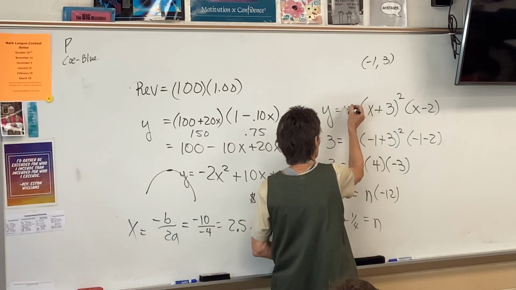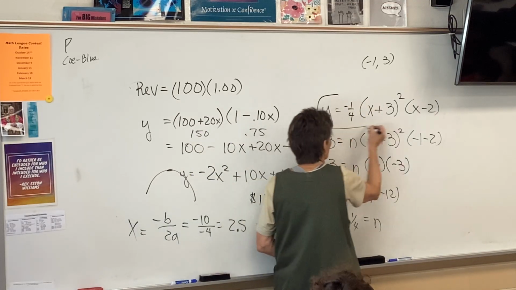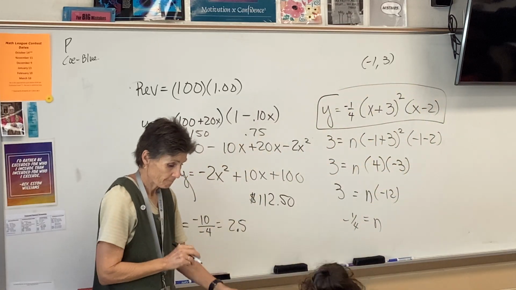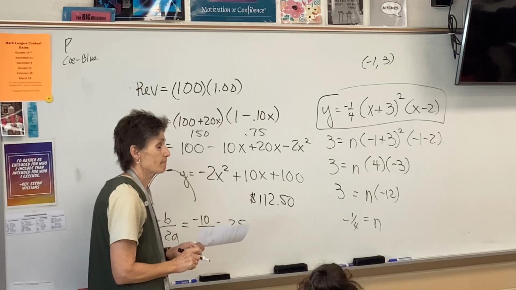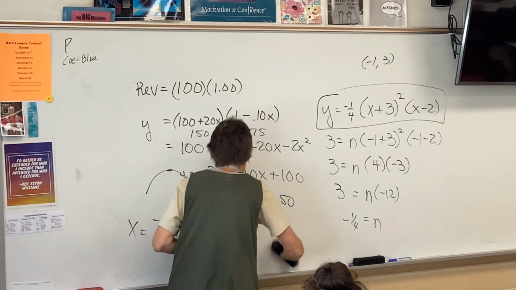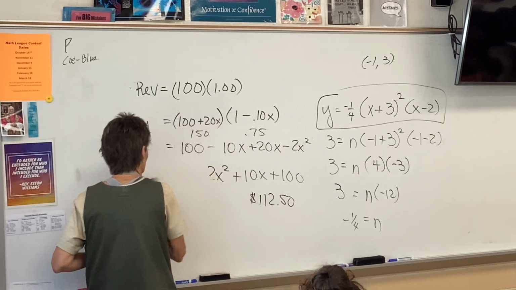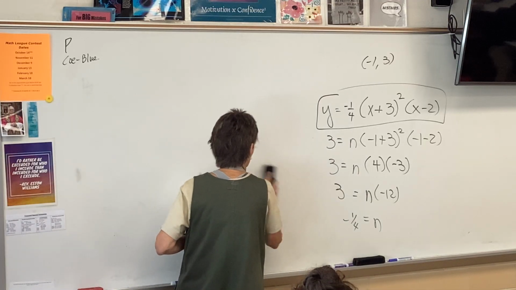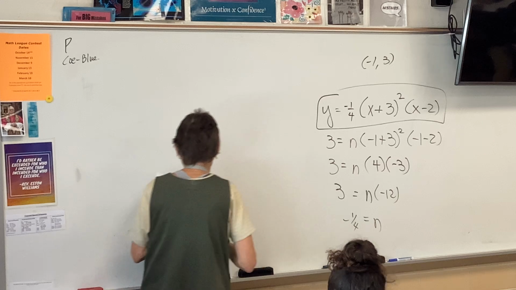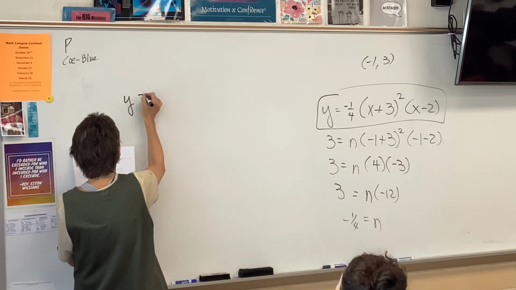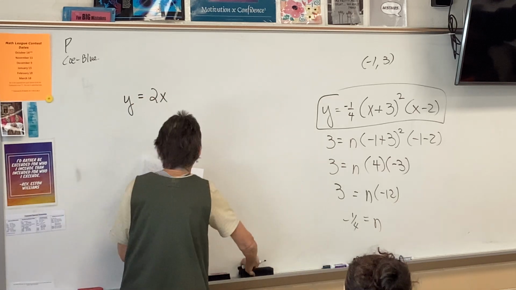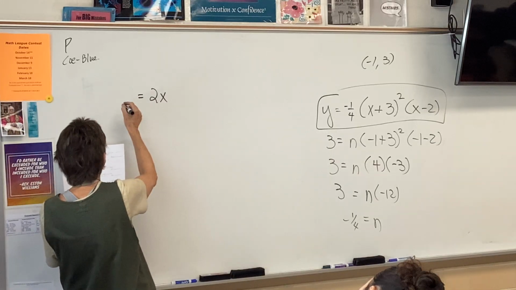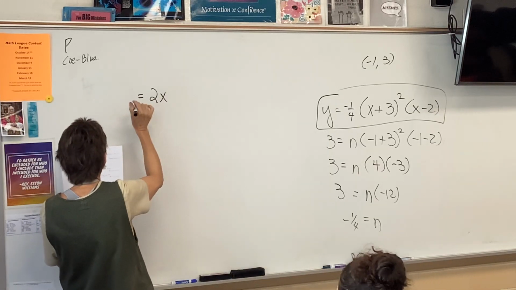Put that negative 1/4 right here. And that is your answer. All right, are we good on that one? Everybody okay? You don't have to multiply it out, so you can just leave it like that.